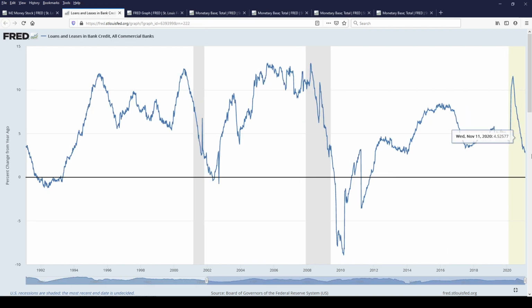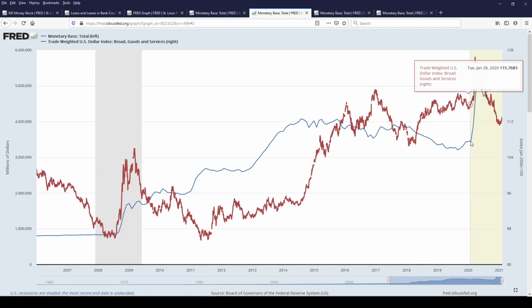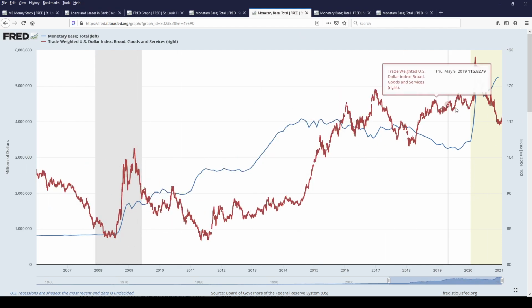And if you have a deceleration in lending, as we see here in all loans and leases, or even worse, an outright contraction, well, that will lead to a stronger dollar. And that is the other part of the game of how this works. So you can see here they're both trending higher together.